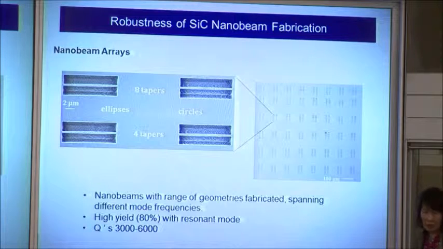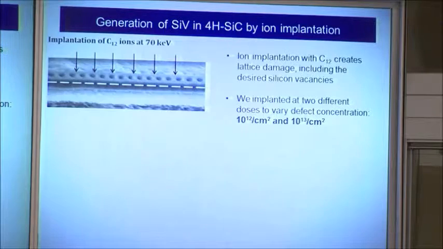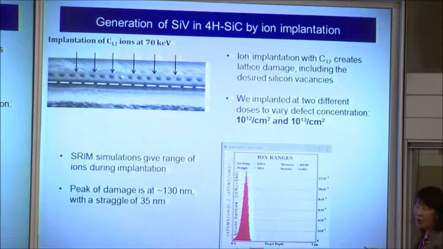And that quality factor I told you, you want low loss, high Qs. These are very good quality factors. They're all routinely about 3,000 to 6,000. We generate the vacancies deliberately, after the fabrication, by either implanting carbon ions at various energies, or by electron beam irradiation.